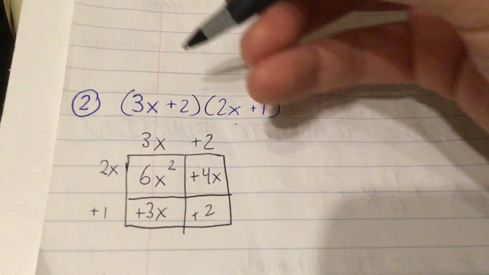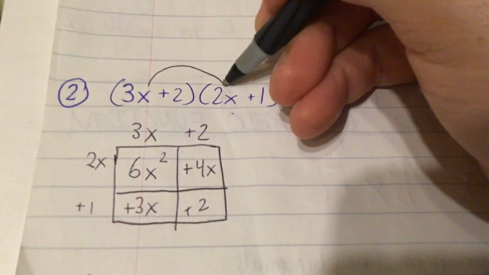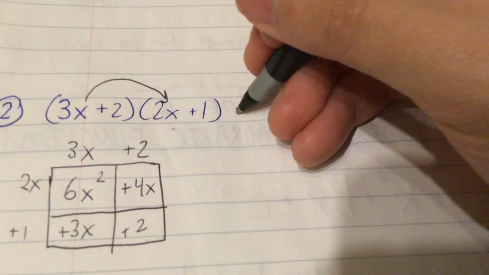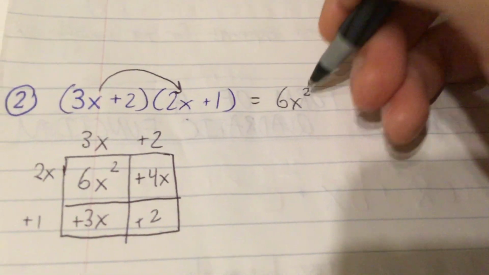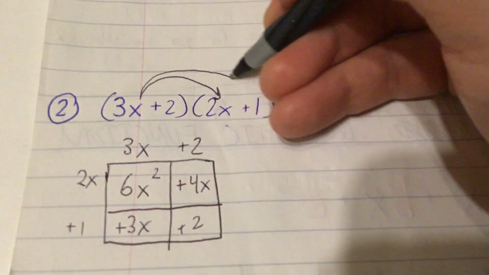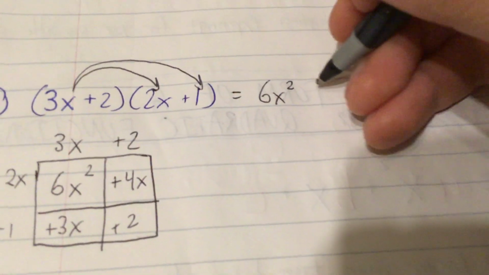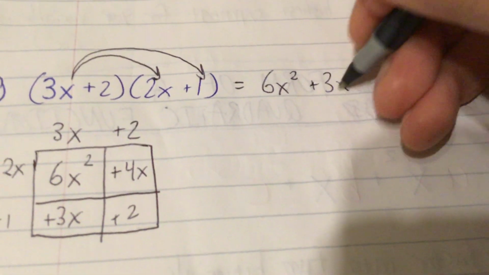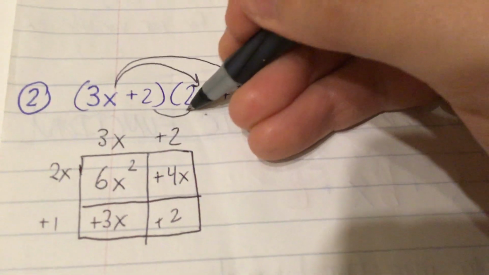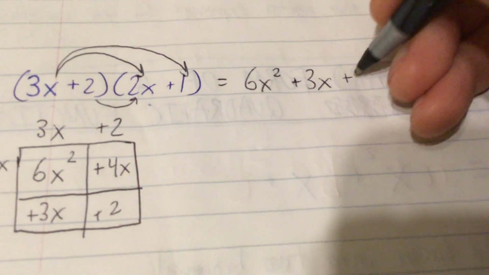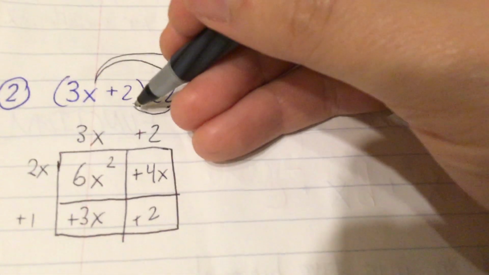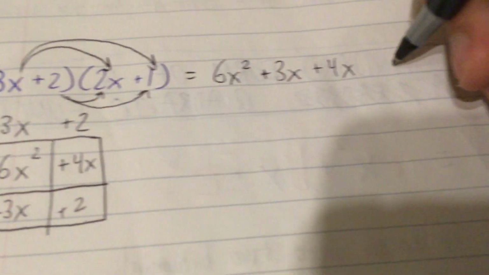But for now, if you like the FOIL method, 3x times 2x is 6x squared. 3x times 1 is positive 3x. 2 times 2x is positive 4x. And 2 times 1 is positive 2.